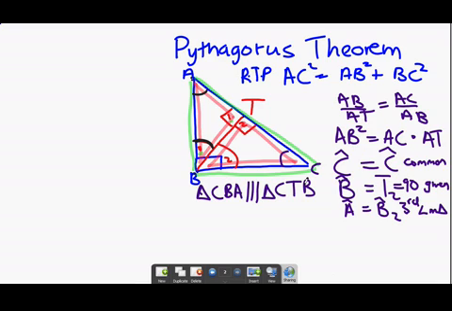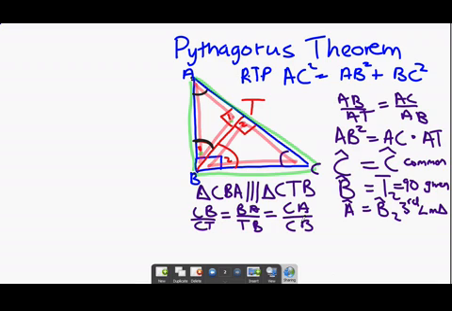Now, this will give us the ratios CB over CT is equal to BA over TB is equal to CA over CB.